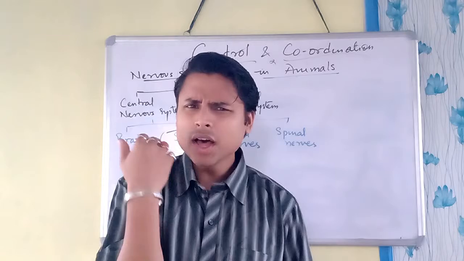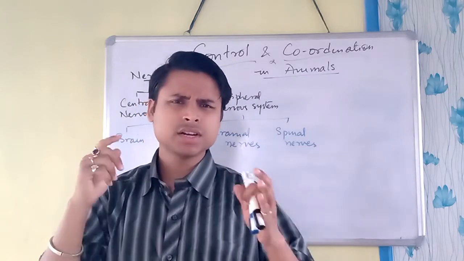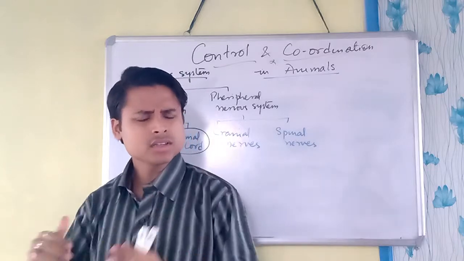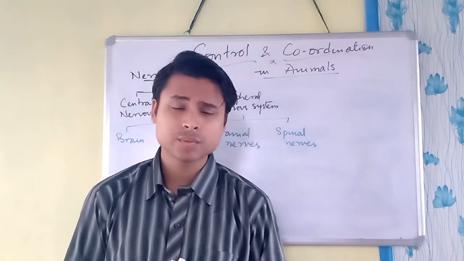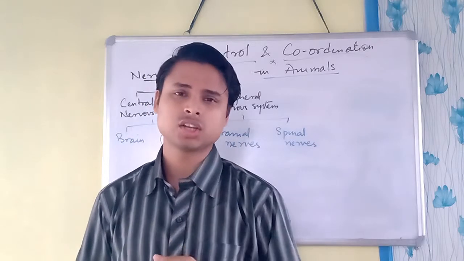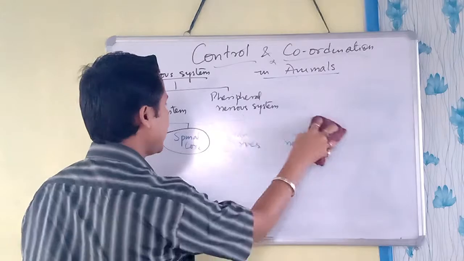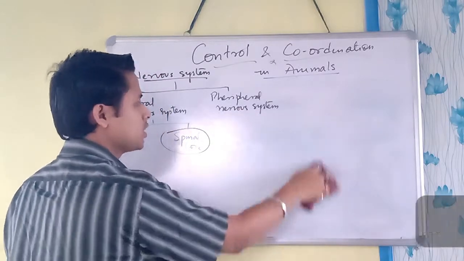Something which we do unknowingly, at that moment itself, without understanding, our body takes an action, right? This is called a sudden action, a reflex action, right? So what happens in this reflex action?